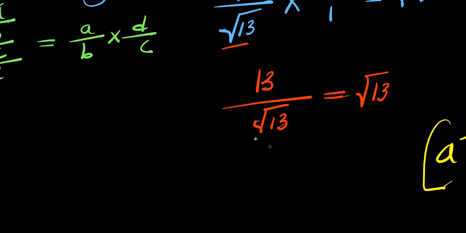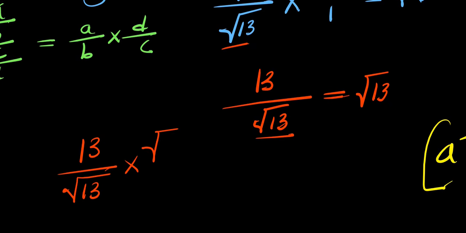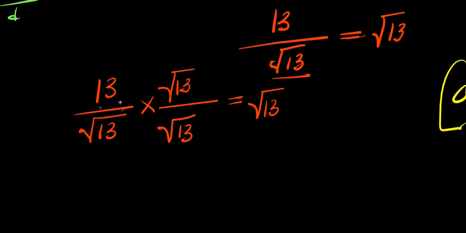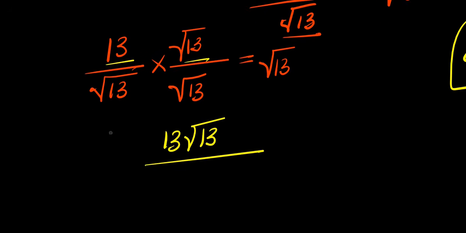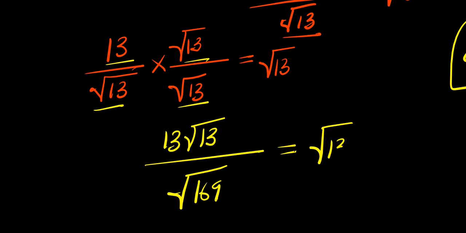So from here, we rationalize this denominator: 13 divided by root 13 times root 13 divided by root 13 equals root 13. So from here, 13 times root 13, this is 13 root 13 divided by root 13 times root 13, that is just like having the square root of 169.